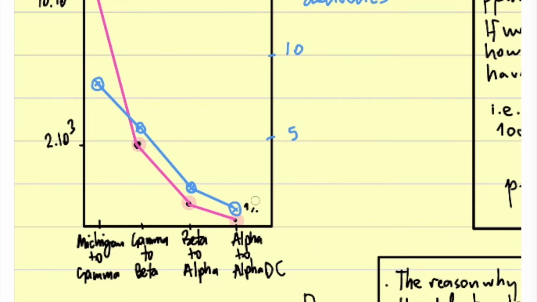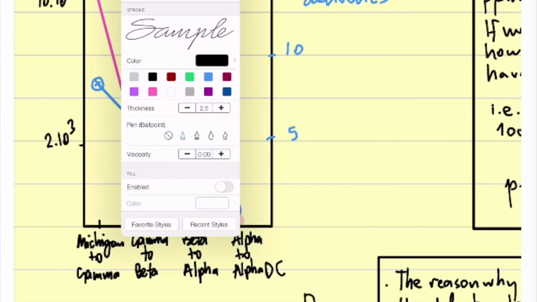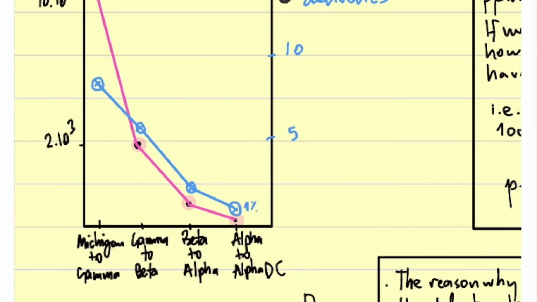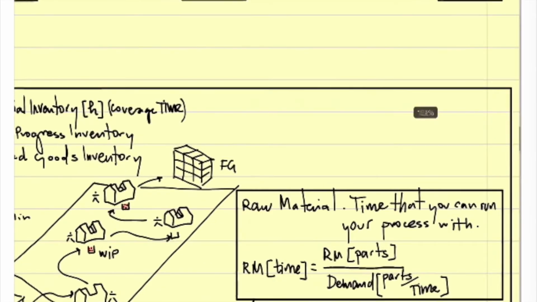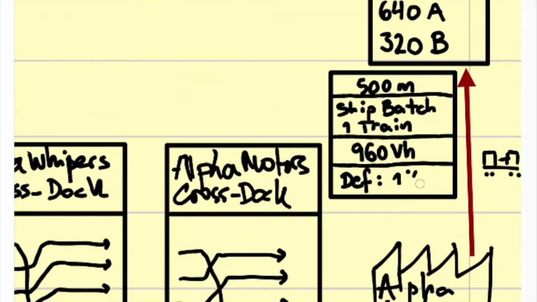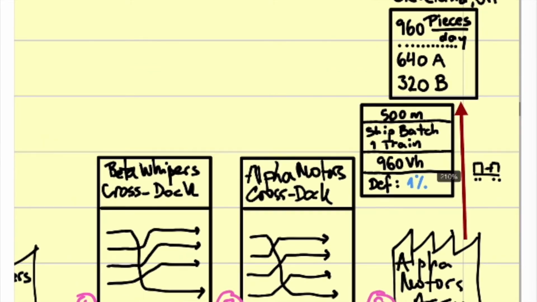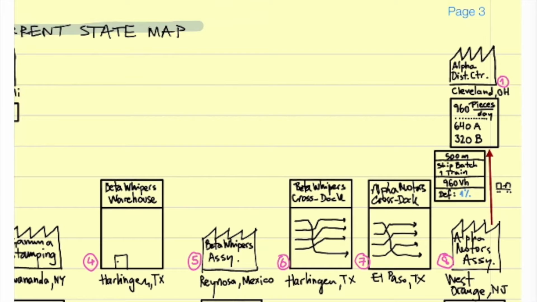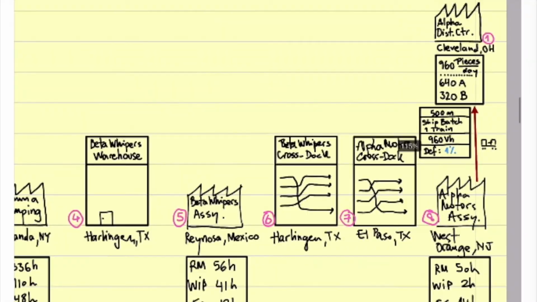Let me paint it in blue so that you can follow: 1%, and here also 1%. You see, we're creating a visual of the information represented. Okay? So far, good. Next is the relationship between Alpha Motors crossdock and Alpha Motors assembly. Okay, so this relationship.